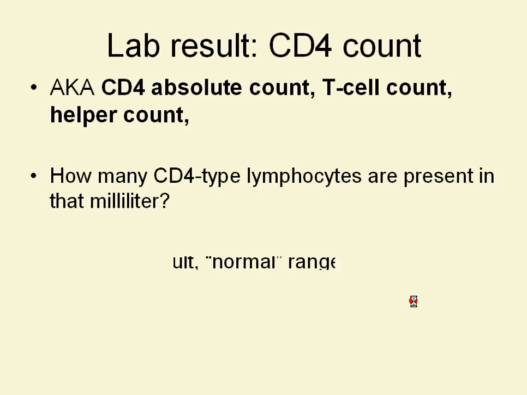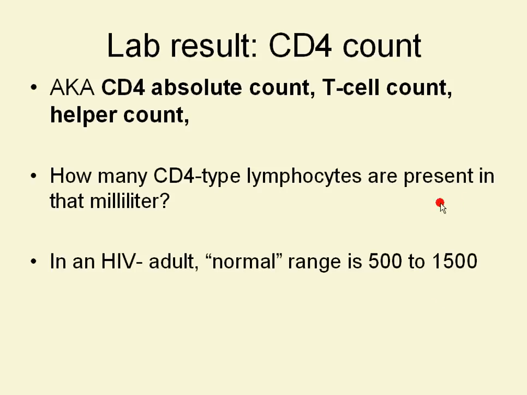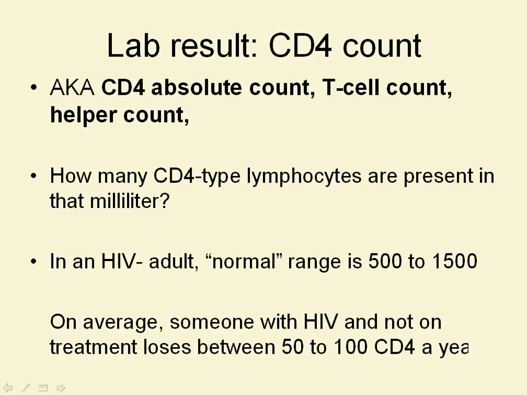Each laboratory that does these tests is going to have a different reference range, so we use the shorthand of 500 to 1500. On average, we know that someone with HIV who isn't on treatment loses somewhere between 50 to 100 CD4 a year, but we never know exactly where someone starts.